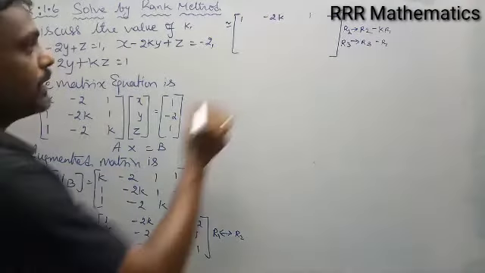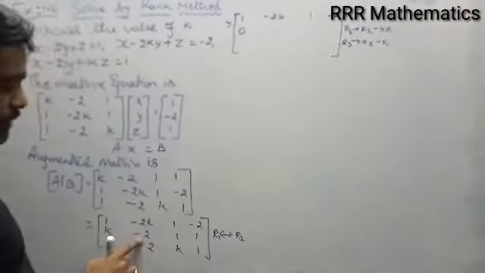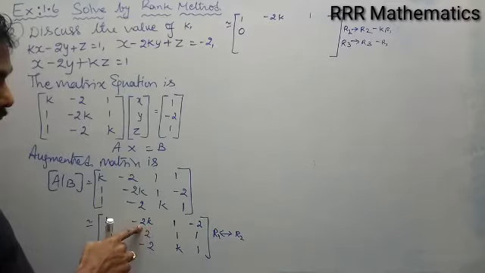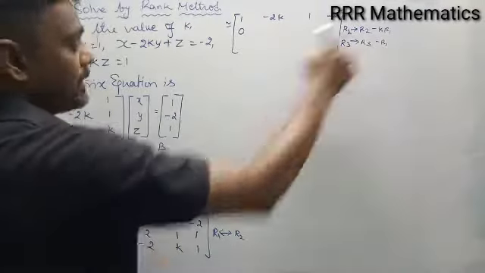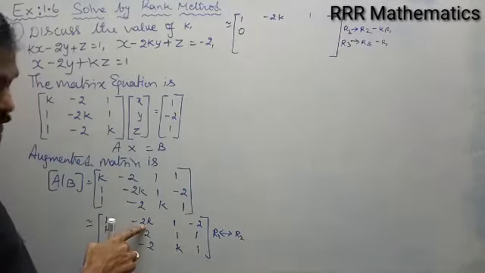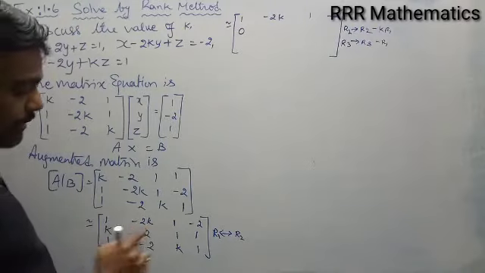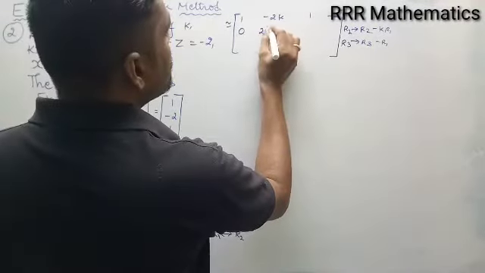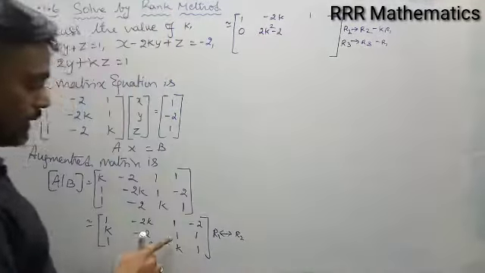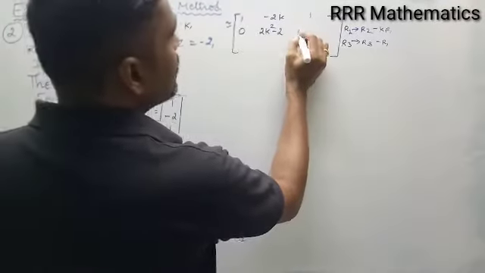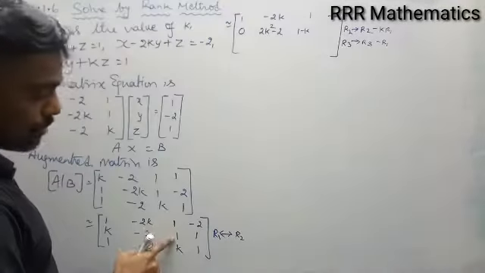k minus k, 0. This is minus 2. When you multiply by minus k, it becomes 2k square. See, minus k into minus 2k plus 2k square, minus 2. 2k square minus 2. Then 1 minus k. I will multiply minus k, so 1 minus k.